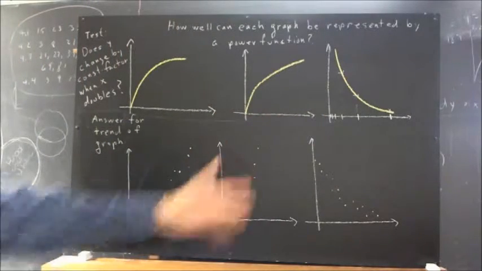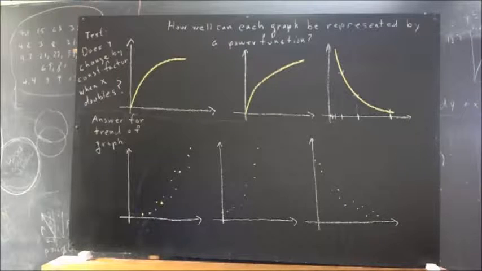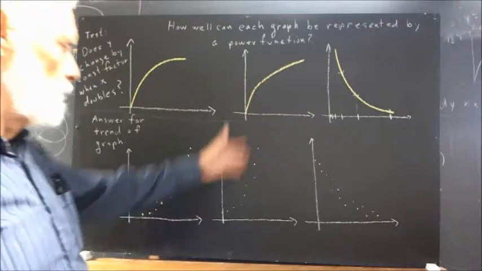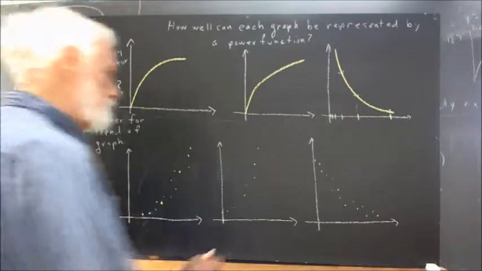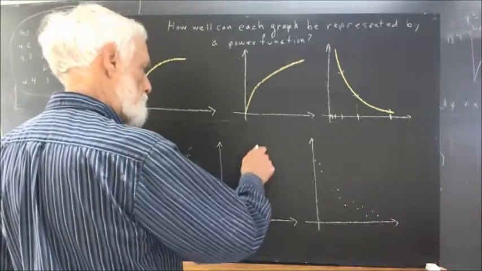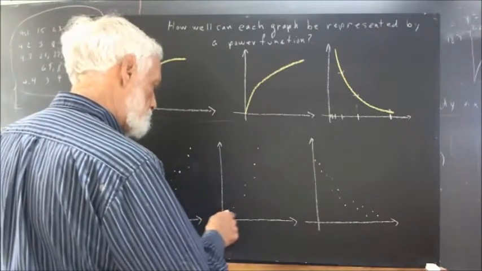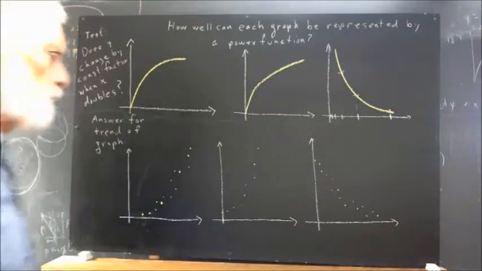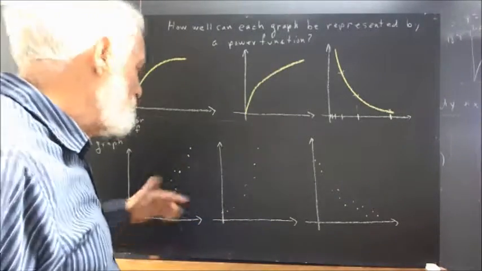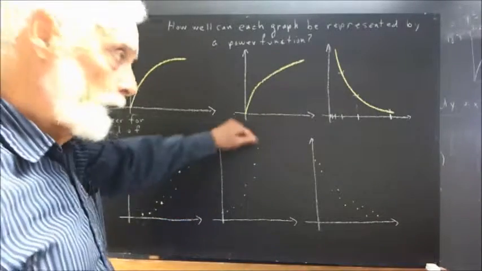Okay, now with these graphs, what do we get? Well, let's just take this graph and let's sketch a curve that seems to match the trend line. This curve seems to follow a trend something like this. Now, when I do the trend line, I'm not attempting to go through any of the data points.